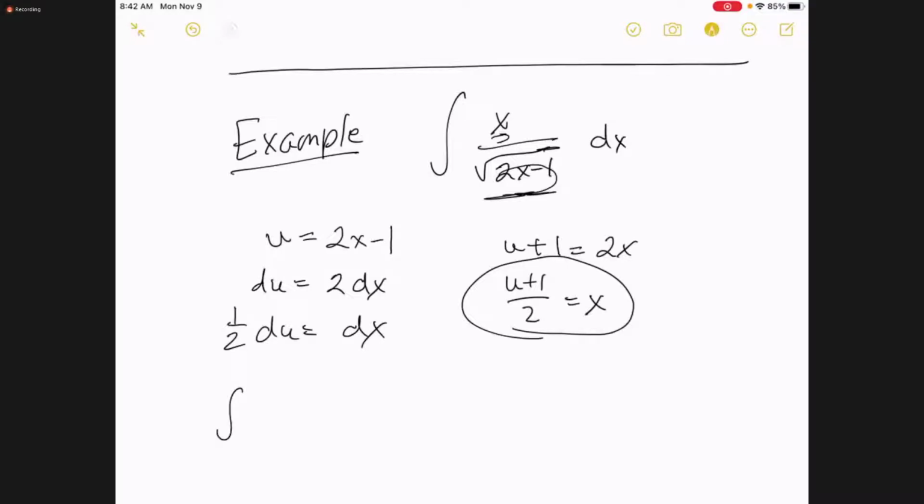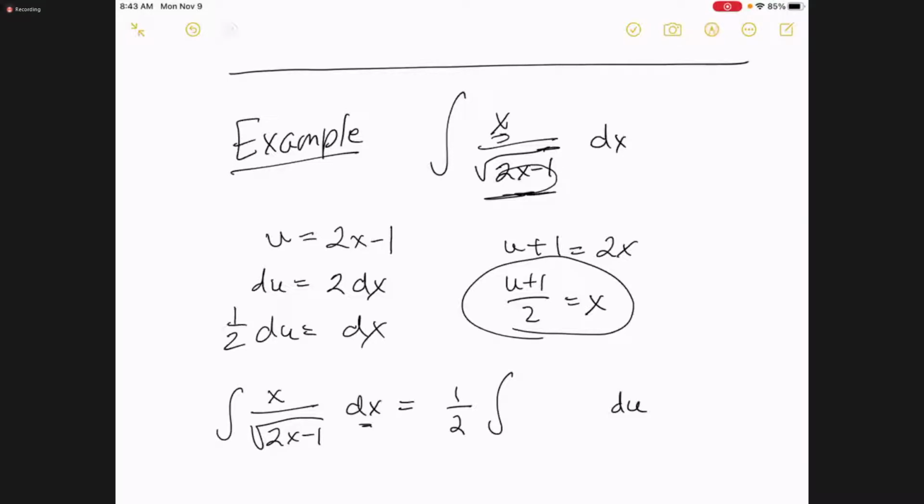So now this is equal to, okay, the dx gets replaced by 1/2 du, and I'm going to pull the 1/2 out. It's a constant.